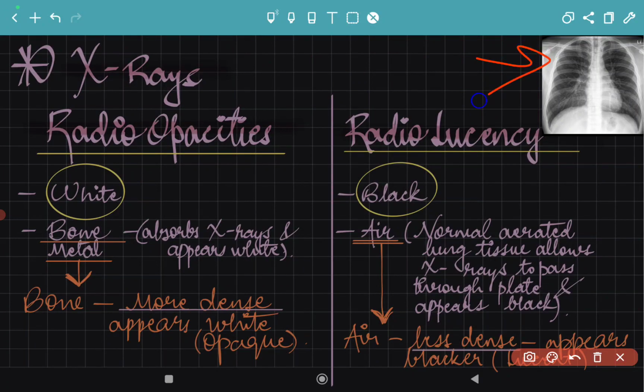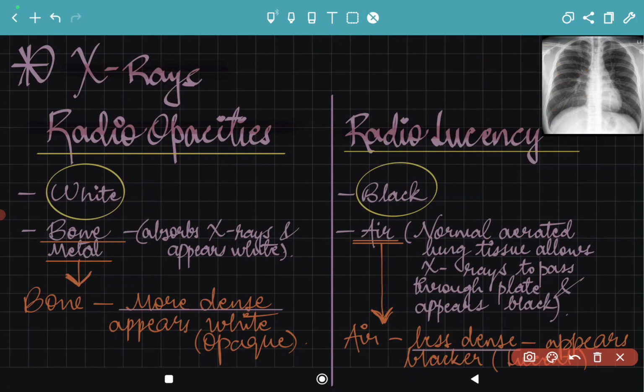So here we can see in this X-ray, bone, the ribs, as we can see, the clavicle and other parts, they appear opaque or white in color, as they are allowing the X-rays to get absorbed, and that's why they appear white.